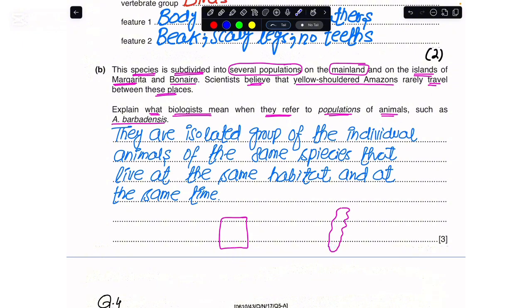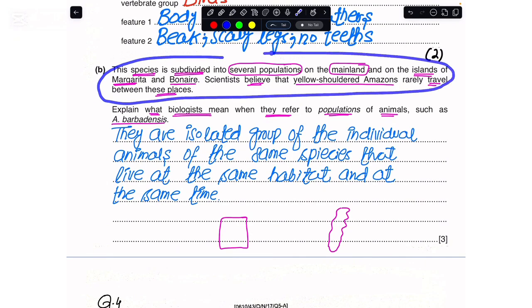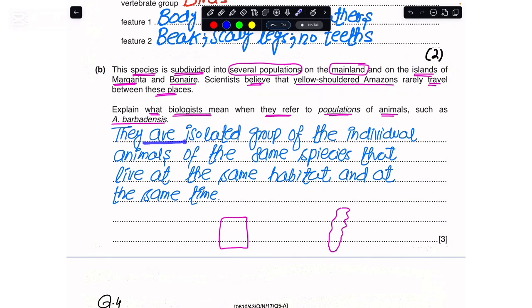This is what biologists mean by the statement given above. So you would say they are an isolated group of individual animals; here you would get 1 mark. They are of the same species and live in the same habitat; here you will get 2 marks. And they are living at the same time; here you would get 3 marks.